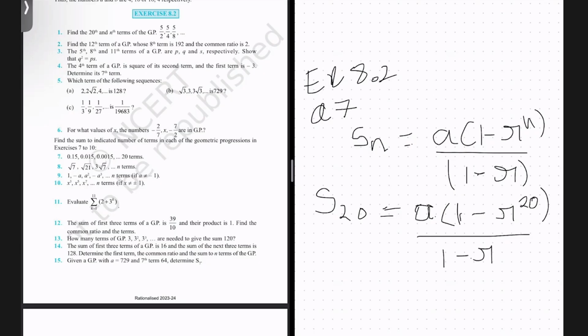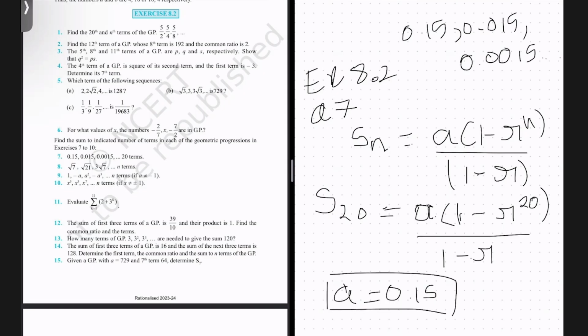So this is going to be my sum up till the 20th term. Now we have a as 0.15, because the sequence that has been given to us is 0.15, 0.015, 0.0015, and so on and so forth. So the first term, a, is going to be 0.15.